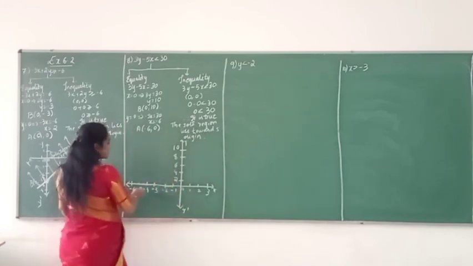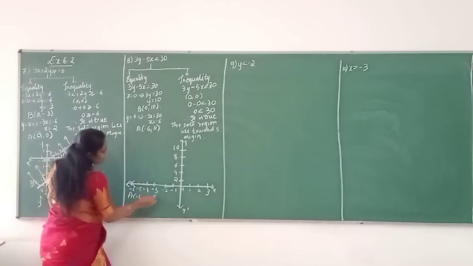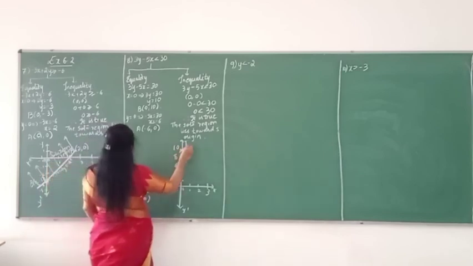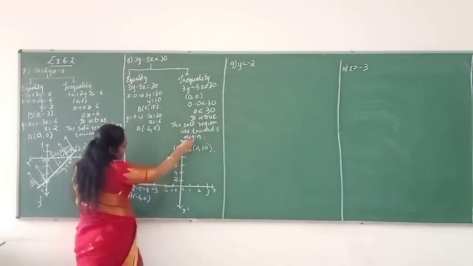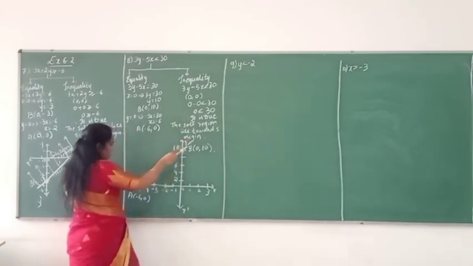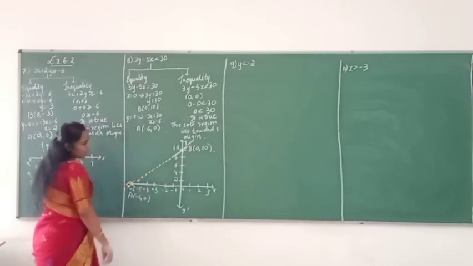Next, just draw the points. The first one, a, is minus 6 comma 0, and b is 0 comma 10. Now just check here. We have an inequality sign which is less than, so it will be a dotted line.